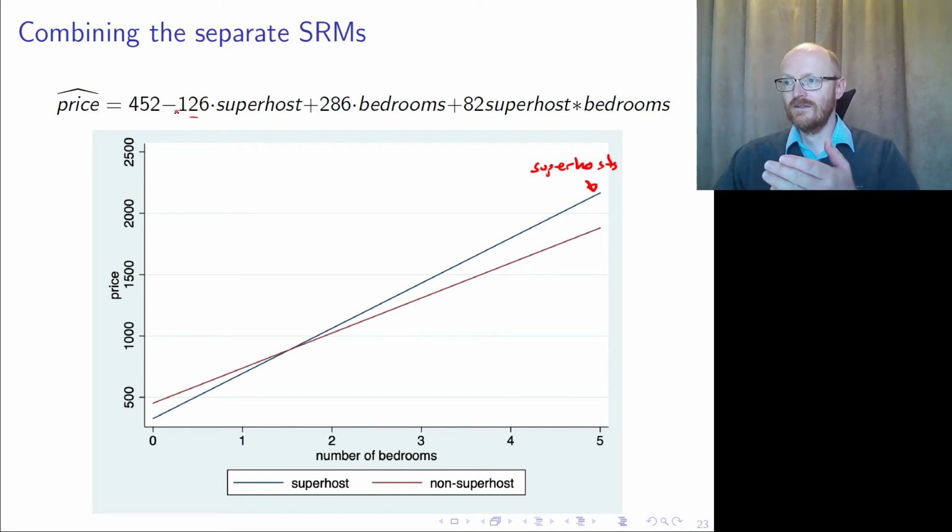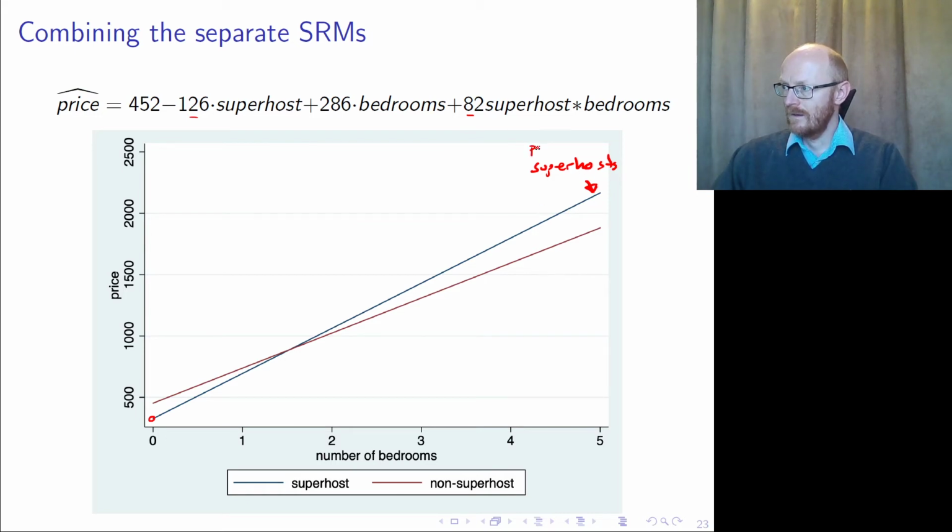Because they have an intercept term which is 126 below non-superhosts, which is the blue line here, and they have a steeper slope because per bedroom they get 82 extra. Okay, so that's why we know that this blue line is for superhosts.